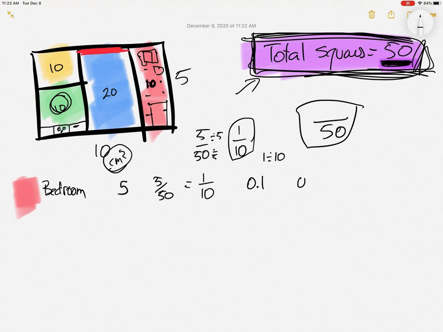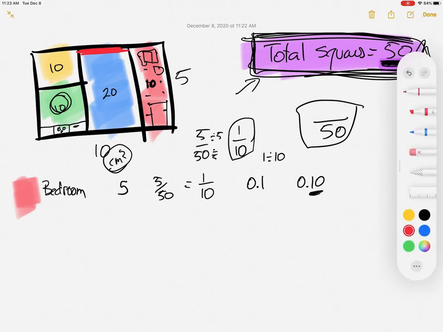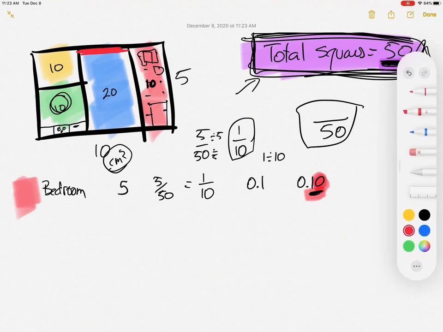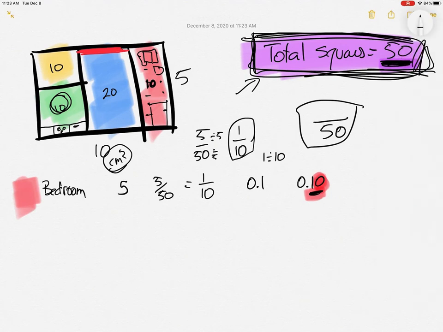Remember, hundredths is the second place value, so this is where I'm rounding to. Because I didn't have one, I need to make sure that I add this 0. That 0 now puts me into the hundredths. And why is that important? Because the next one asks you to write this as a fraction out of 100. I know the second place is the hundredths, so this is going to be 10 out of 100.